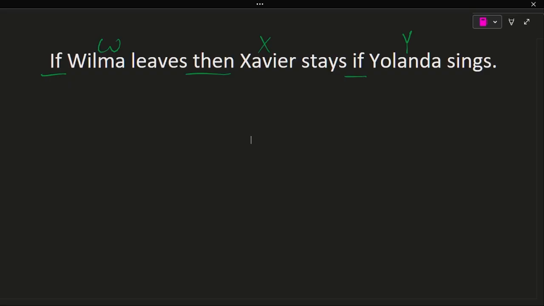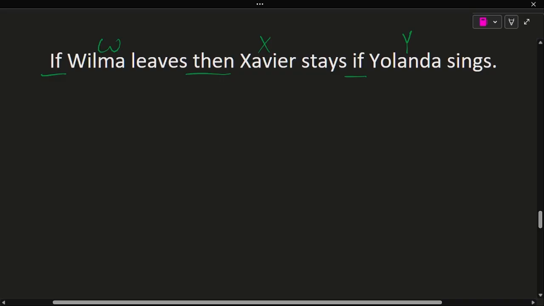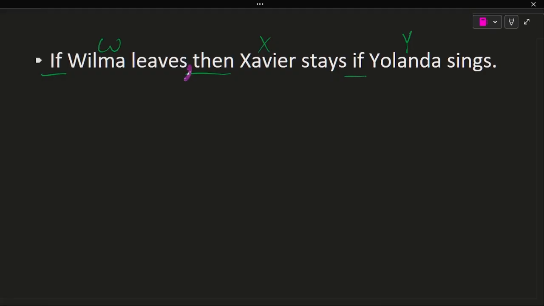In the first instance, I'll use a different color to show if Wilma leaves, brackets, if Yolanda sings, then Xavier will stay.